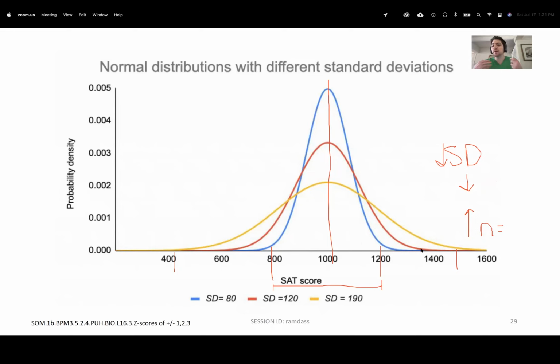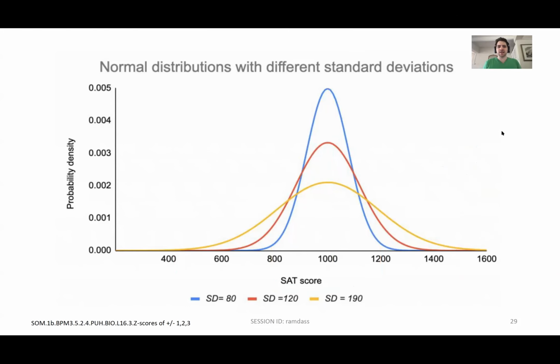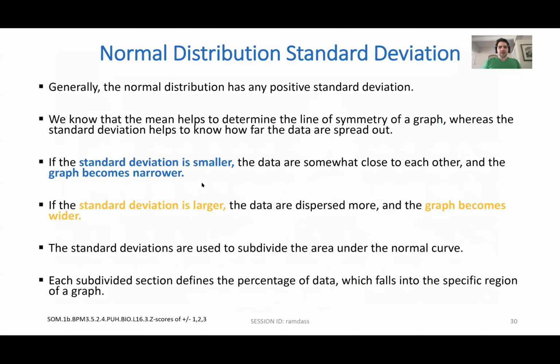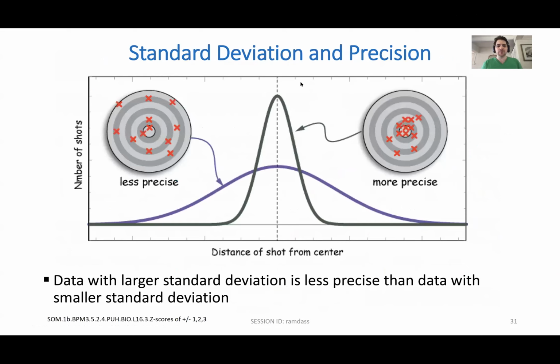So the more values you have, the more valid the test. The more subjects you have in a research or in some sort of trial, the more valid it'll be. This is what I was just explaining here. A smaller standard deviation becomes narrower, and a larger standard deviation becomes wider. So they very well could ask you that on the test, giving you the different graphs.